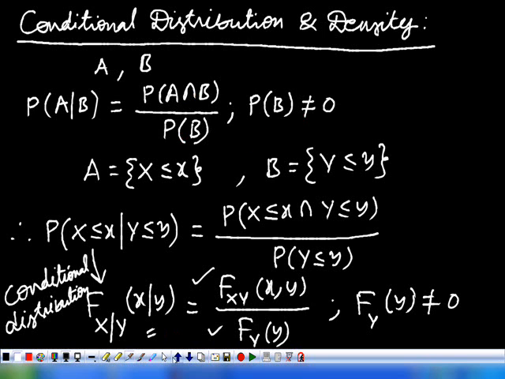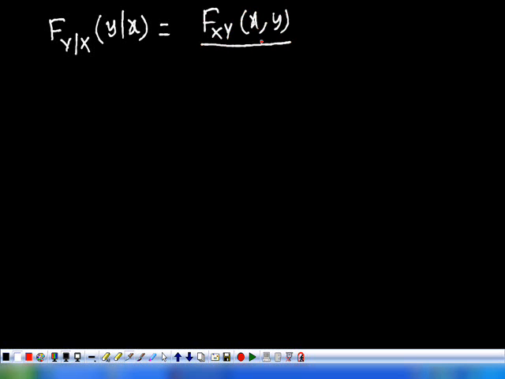In the same manner, we can write F_{Y|X}(y|x) is equivalent to F_XY(x, y) divided by F_X(x). Here also F_X(x) must not be 0.